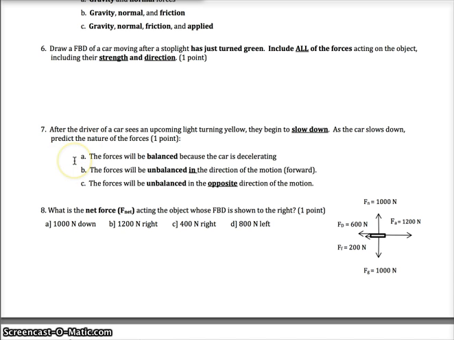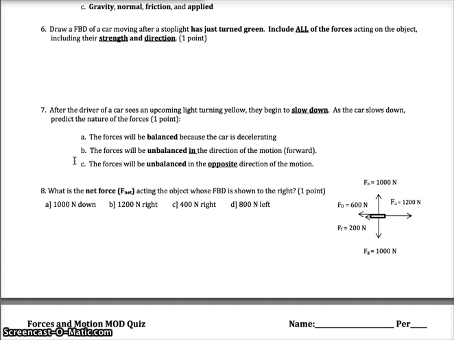A, the forces will be balanced because the car is decelerating. B, the forces will be unbalanced in the direction that it's going, or forward. And C, the forces will be unbalanced in the opposite direction of the motion. Remember, if you're getting a push, what will happen to your speed? And this one is talking about if somebody is going the opposite direction of you, what's going to happen to your speed.